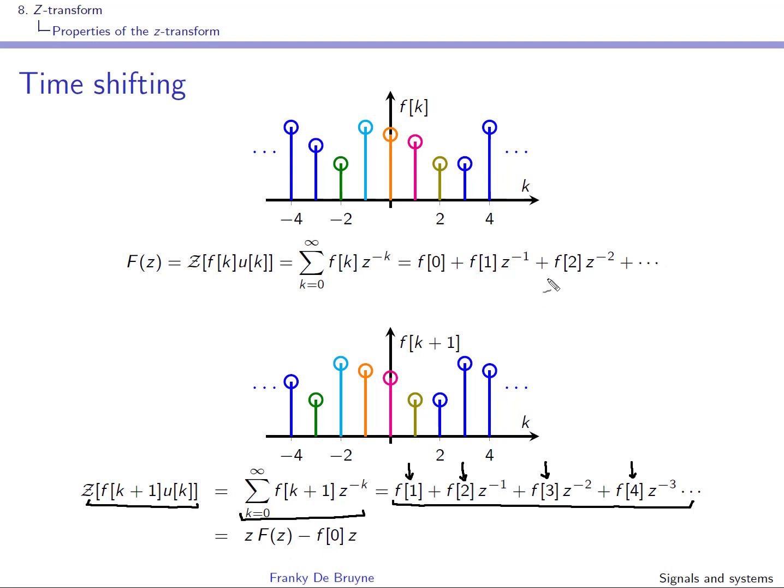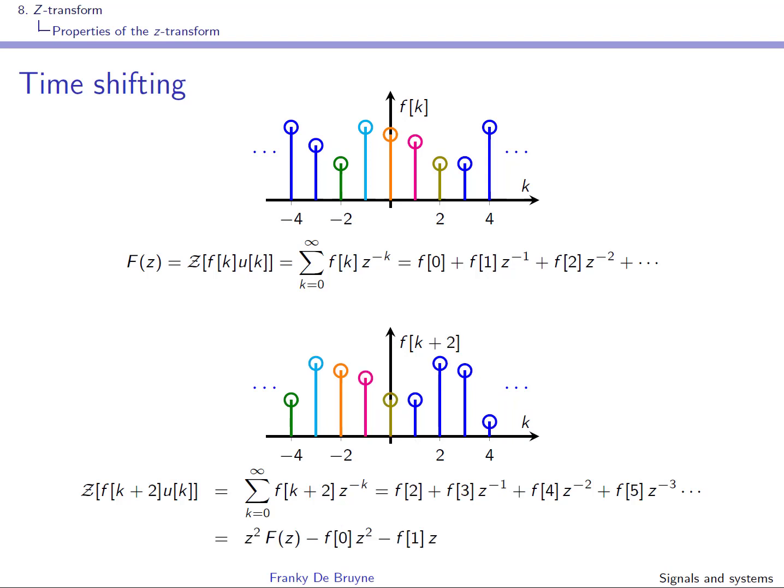Okay, so if you take this one, you multiply by z, you have this, but there is one term that is too many and that you have to subtract. So the z transform here is z times the original z transform minus the term that is added. If you multiply this one by z, you have here a term z f0 that is not in here, so you should subtract it.